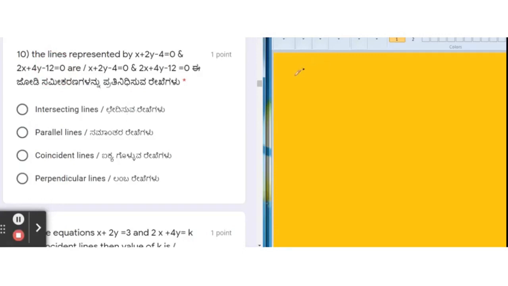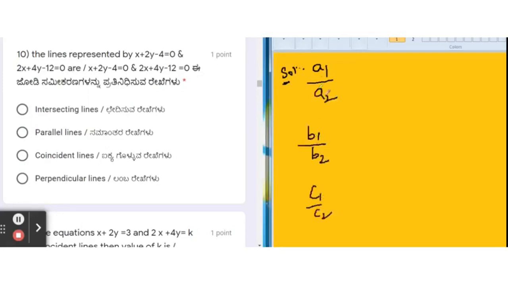To check the types of lines, we have to compare the ratios of the coefficients. I repeat once again, we have to compare the ratios of the coefficients. So the ratios of coefficients are a1 by a2, b1 by b2, and c1 by c2.